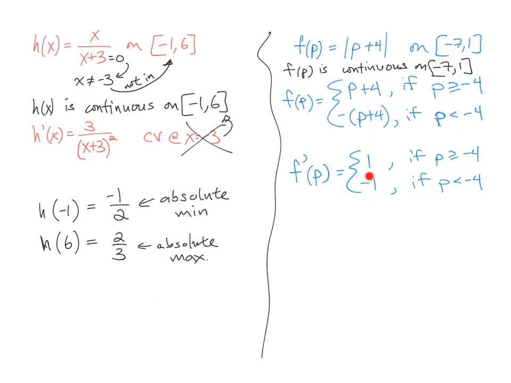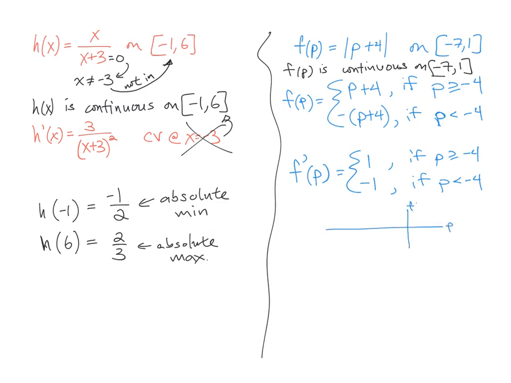There are no critical values for that function. But when you look here, there is a critical value because the derivative has a discontinuity at p equal to -4.